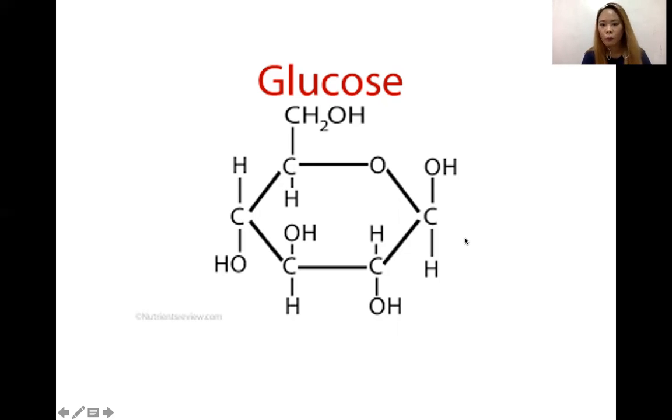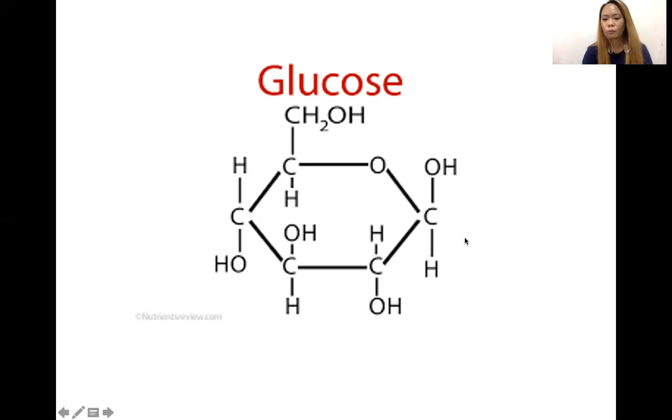Because when it comes to your polysaccharides, they are categorized according to the glycosidic bonds. Now, when it comes to glycosidic bonds, we have 2. We have alpha 1,4 and we have beta 1,4.